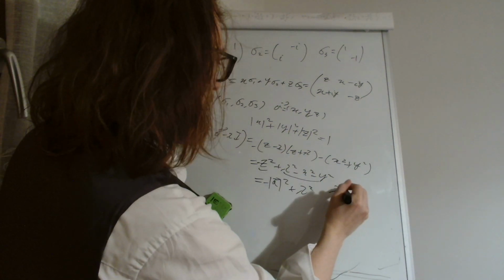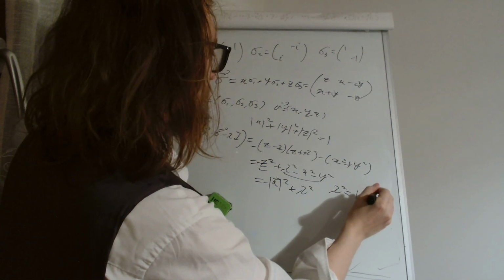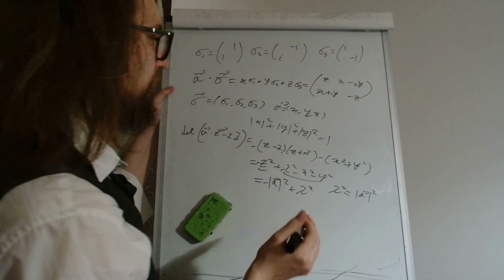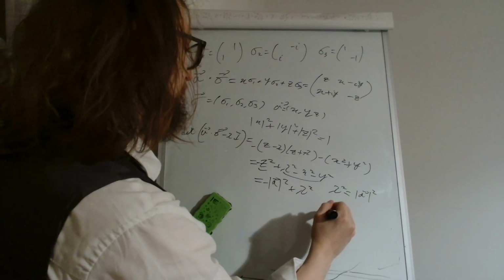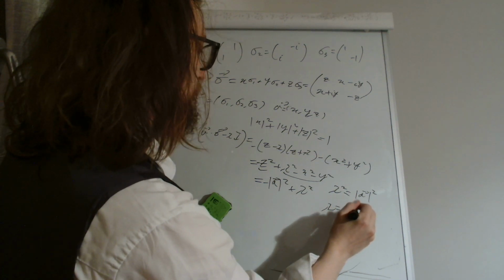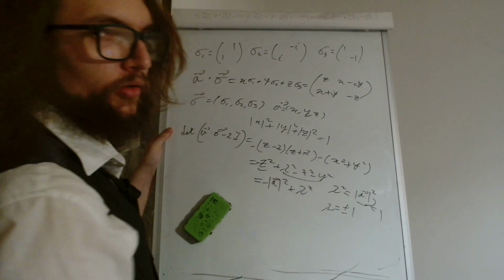So we have lambda squared equals the modulus of A squared. So since lambda is real because this matrix is Hermitian, we have lambda equals plus or minus 1 because the norm of A is 1.